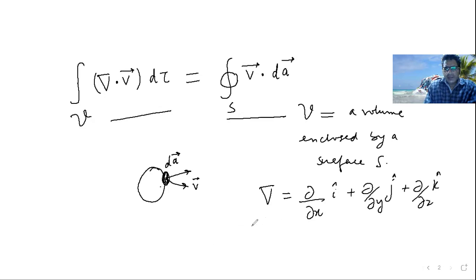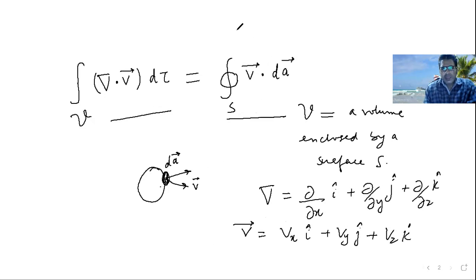And if we have some vector field, it will also have some components: vx i cap plus vy j cap plus vz k cap. And when we find the dot product, we know we multiply the corresponding components and then add them.